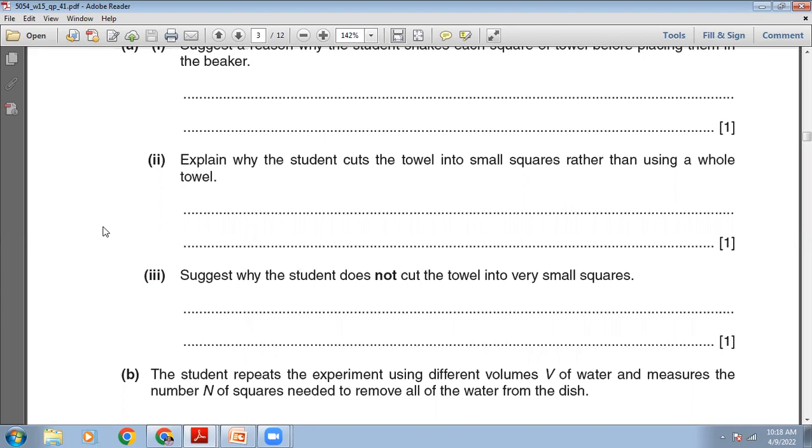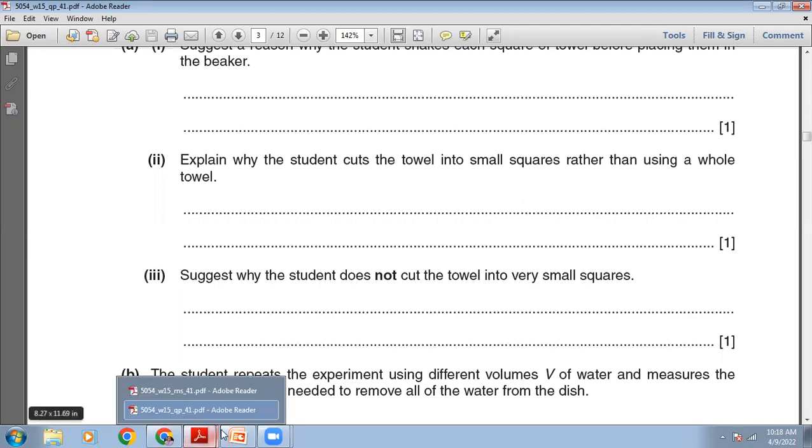To quantify how many papers have been used to completely wipe that water from the dish, we have cut it into small pieces. Because if you use a complete towel, you will not be able to tell exactly how many. So to quantify them, we have to do this.